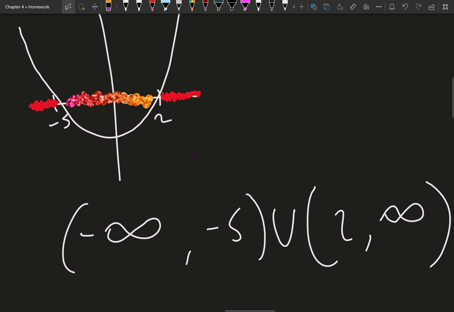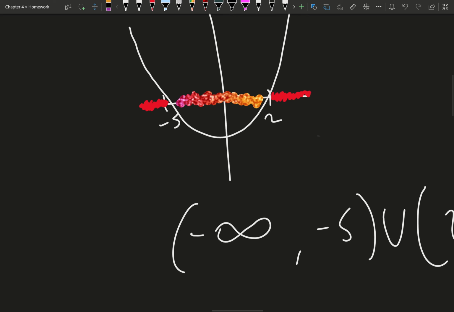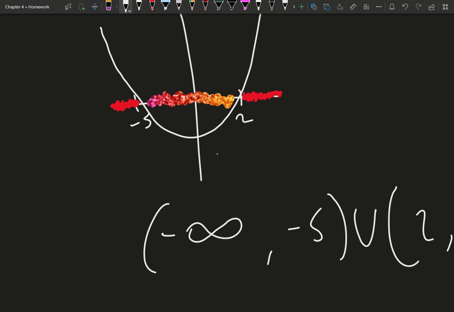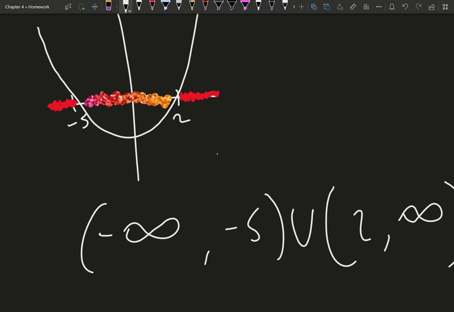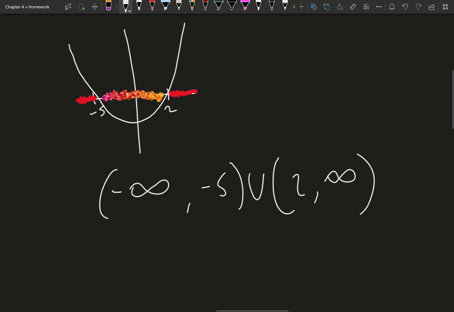You write negative infinity, because there are infinite numbers that can be there, to negative 5 will be positive, and then the union symbol is to connect these two to show the other area where it will be, and then it will be 2 to infinity, going in positive infinity, which means it will go that way.